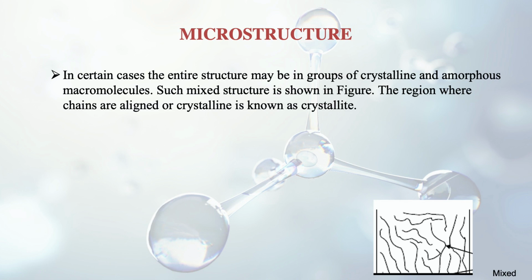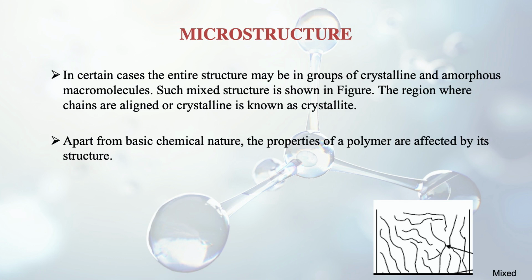In certain cases, a part of the structure contains aligned chains, whereas the other part has a compact structure, meaning mixed type. So this is called a mixed type of microstructure, because it has some fibers which are somewhat crystalline and some others which are amorphous. So there is a mixture, and they will have mixed properties also.